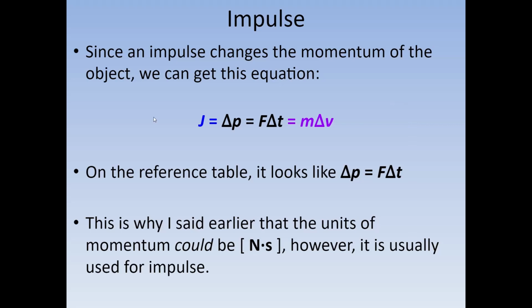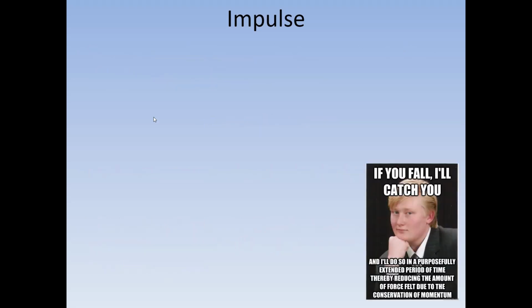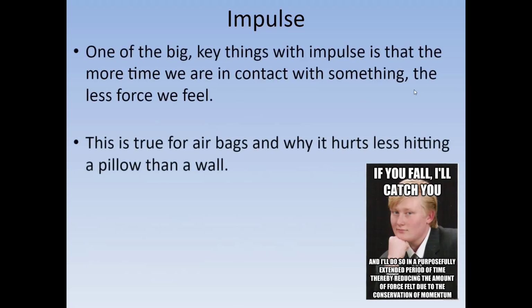Now, there is one concept that we need to be able to cover for impulse, and it's pretty much related to the inverse nature of force and time. So let's consider the case where we are driving down in a car, right? Which one's going to hurt more for the car or for us driving the car? Crashing into a wall or crashing into a stack of hay?